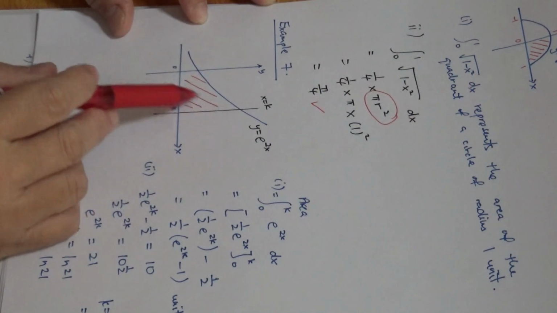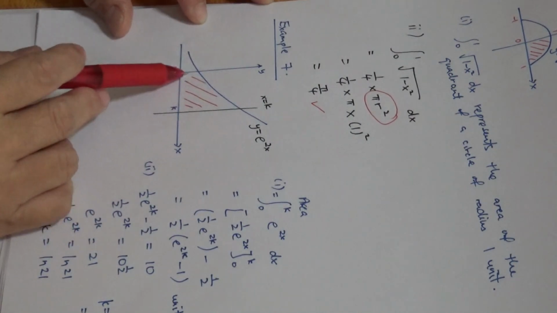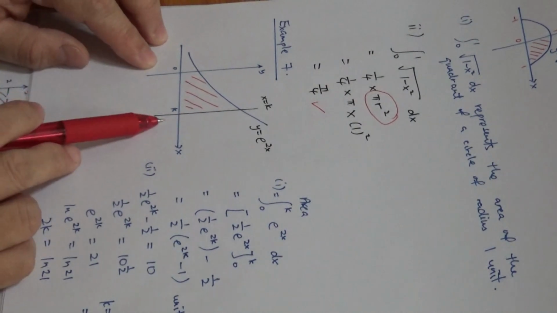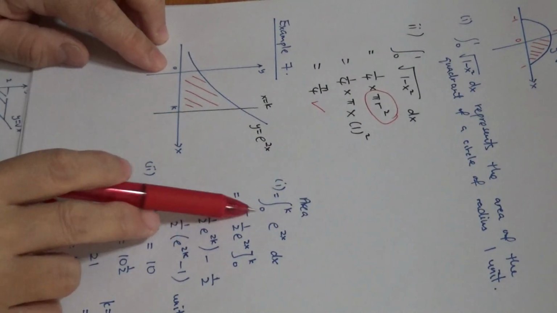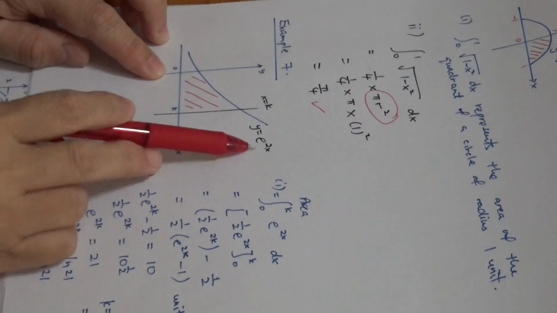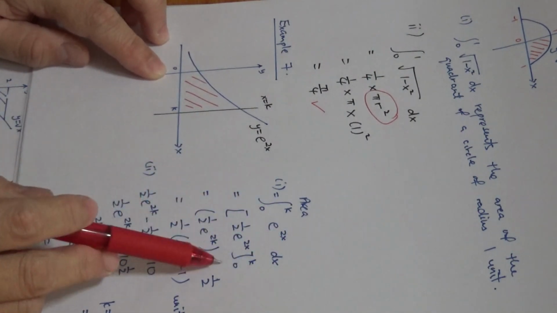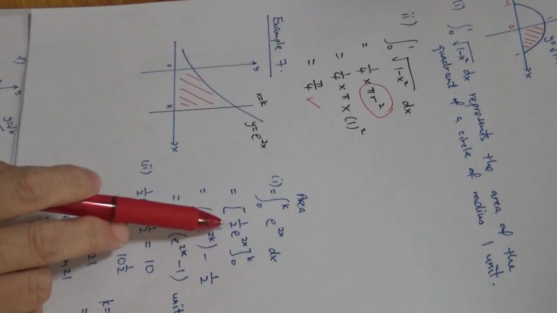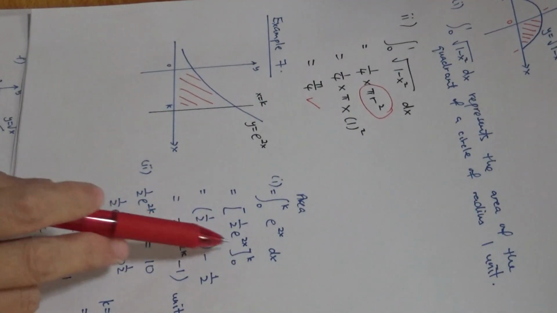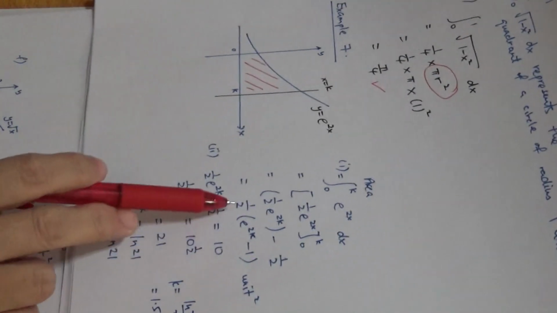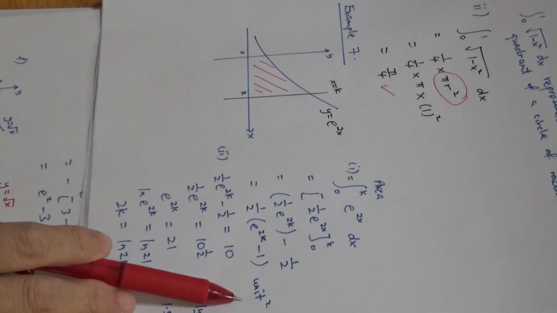Actually, it just means the shaded region here. Now, in order to find the shaded region here, we integrate from 0 to k, y equals this, so we put e to the 2x here, dx, and I integrate. So when I integrate, I get this answer.